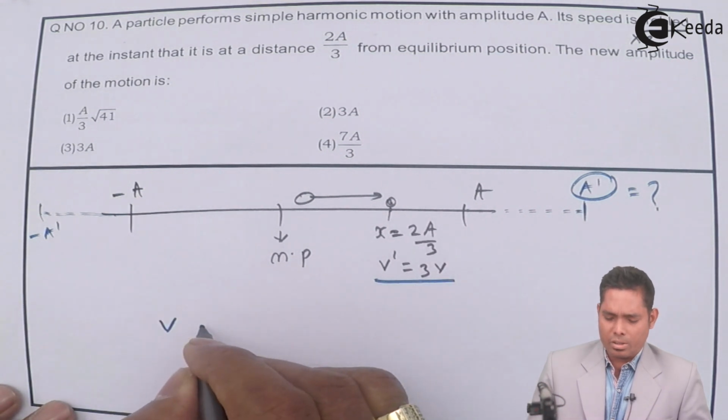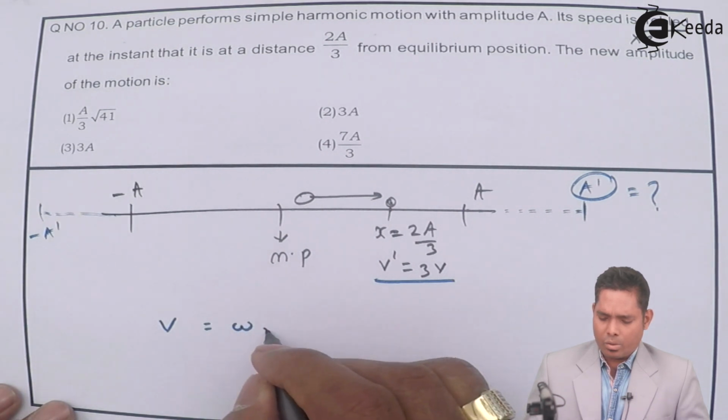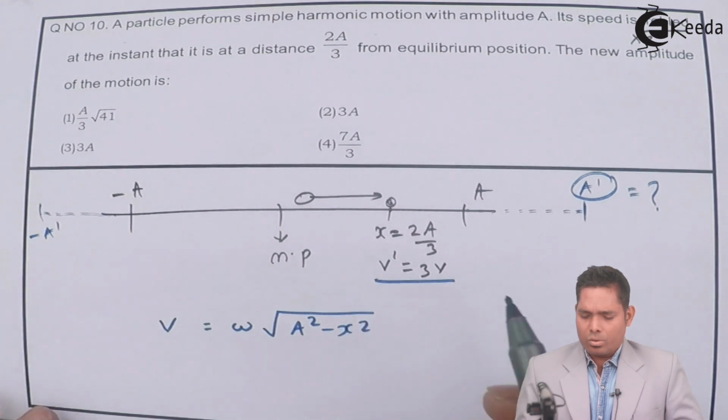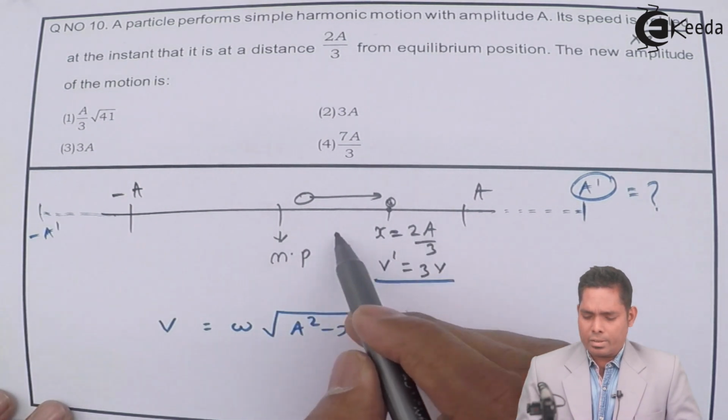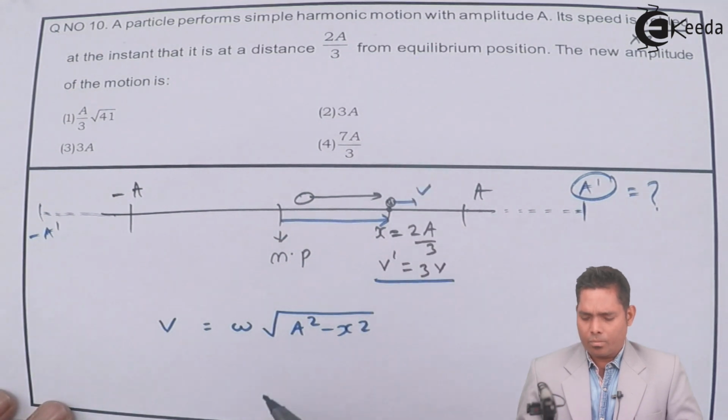Velocity as a function of x is omega under root of a square minus x square.